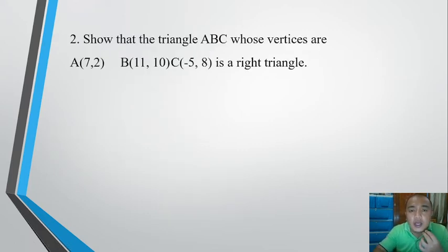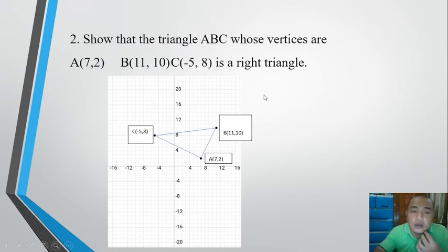Number 2, show that the triangle ABC, whose vertices are A (7, 2), B (11, 10), and C (negative 5, 8), is a right triangle. Okay, let's prove that the given vertices form a right triangle. So first, let us plot the points: point A (7, 2), point B (11, 10), point C (negative 5, 8).